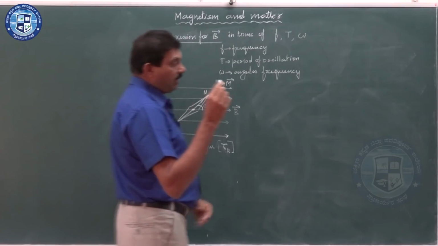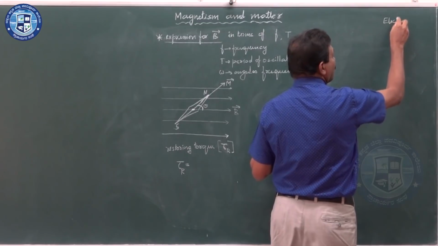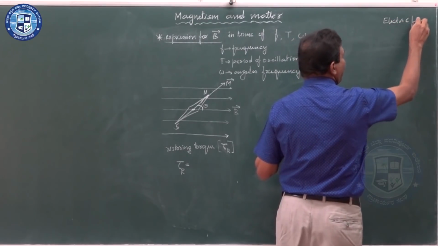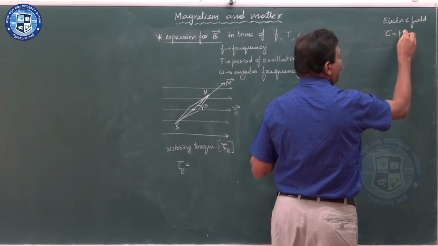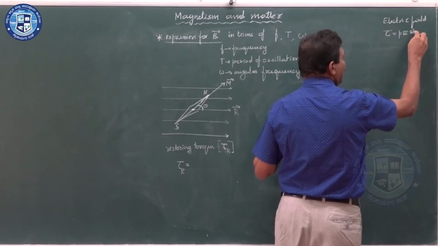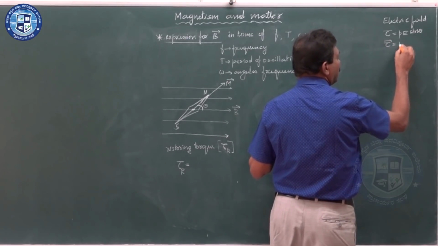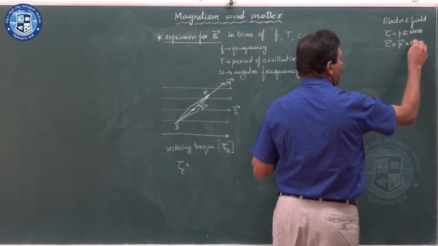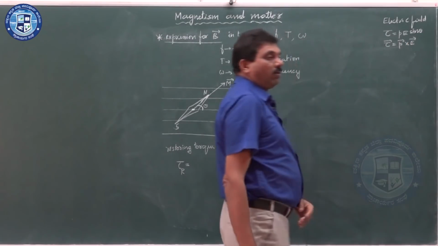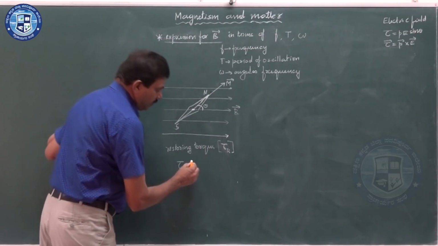As we have seen in case of electric field, we had a similar formula: torque is equal to P E sin theta, or in the vector form, vector P cross vector E. So, I am considering the magnitude here.